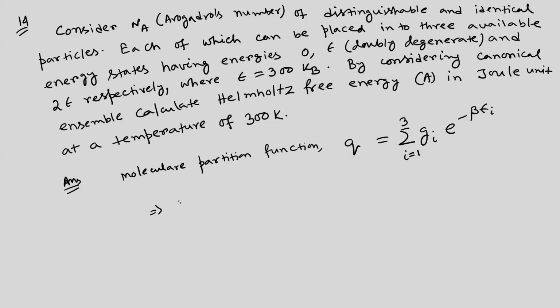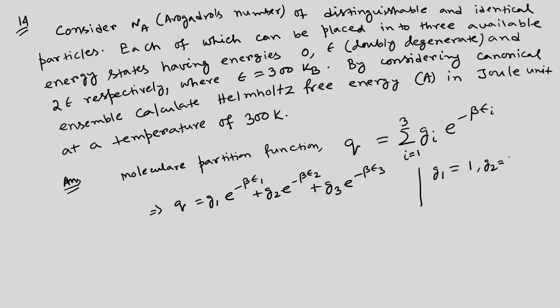If we expand it, we get q is g1 e to the minus beta epsilon 1 plus g2 times e to the minus beta epsilon 2 plus g3 times e to the minus beta epsilon 3, and g1 is 1, g2 is 2, g3 is again 1, and epsilon 1 is 0, epsilon 2 is epsilon, and epsilon 3 is 2 epsilon, as mentioned in the problem.